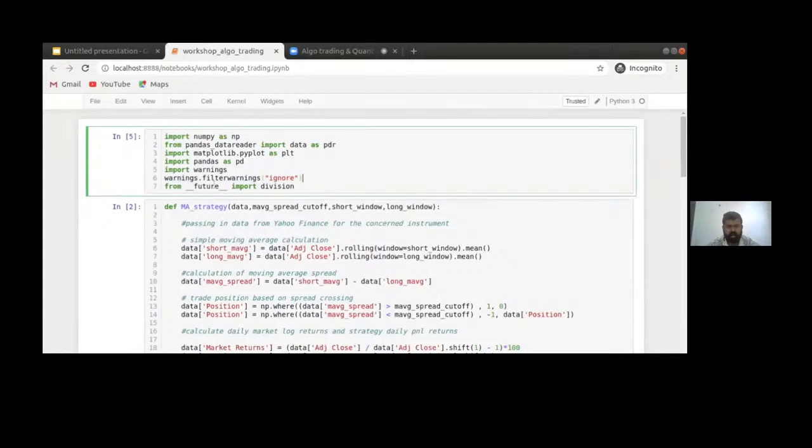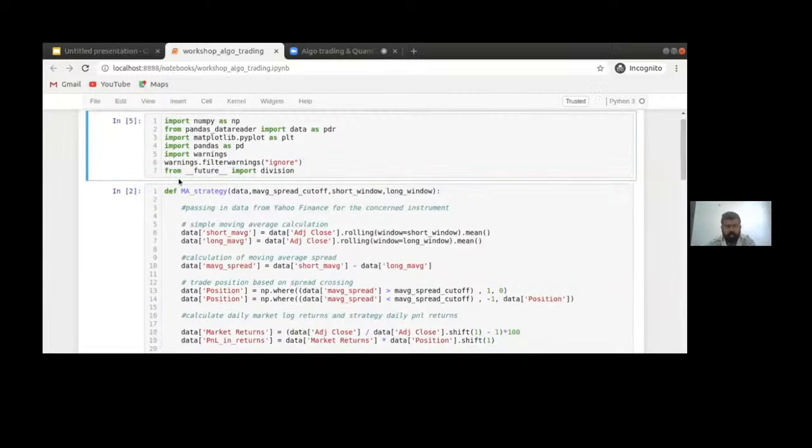And future import division is some division-related thing. In some versions of Python, if you ask them to calculate 2 by 4, they may give you 0 because they are both ints. Then you have to give 2 by 4.0 to get the right value. So this is basically to take care of some float issues.